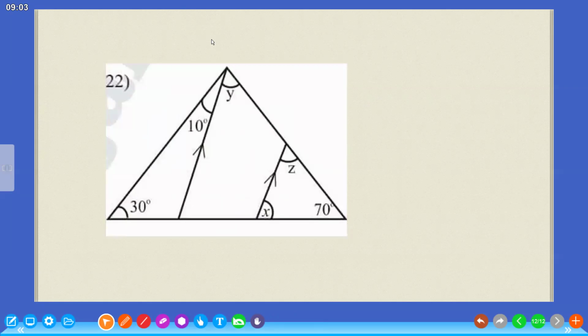How much is X, how much is Y? Students, what is the answer for this question?